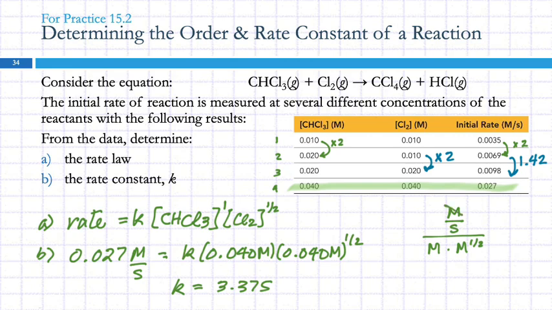So the molarity there cancels this one, and I've got 1 over molarity to the 1/2 power times second, or molarity to the negative 1/2 second to the minus 1. Ugly units, but that's what it is. Questions?